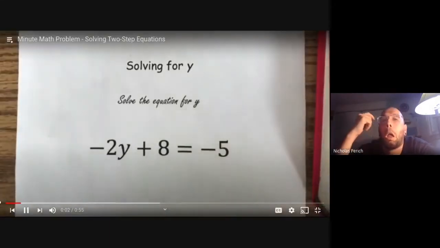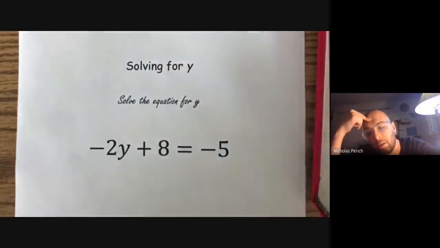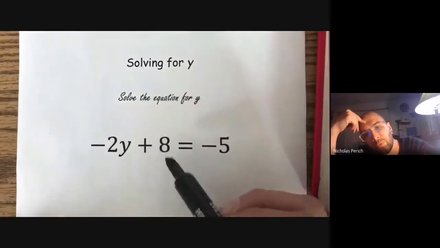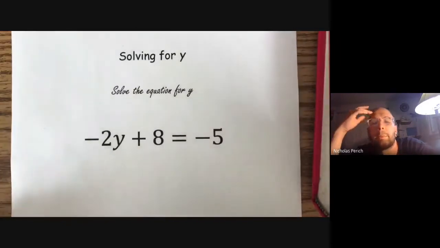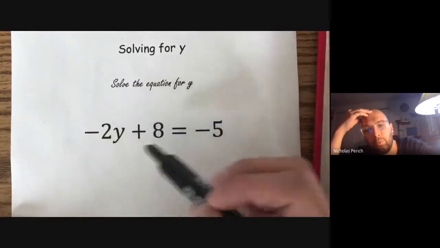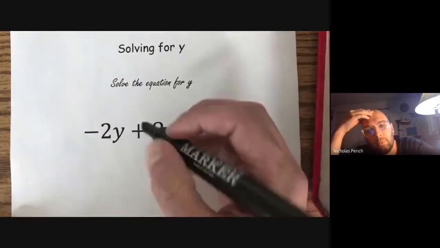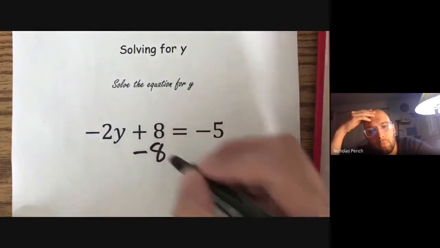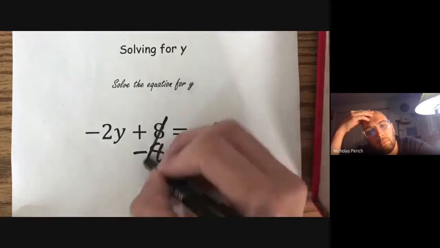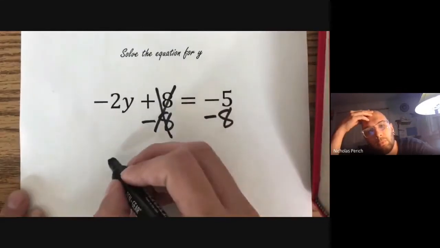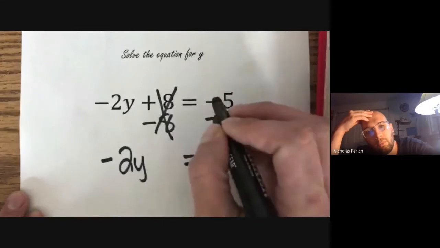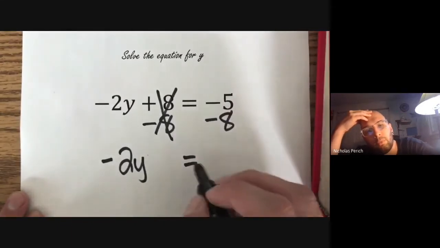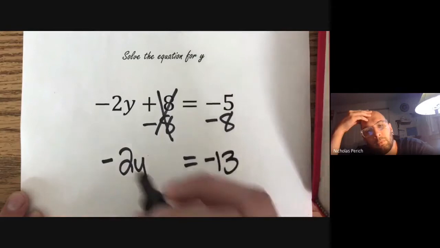All right, solve for y. We have to get y all by itself. Negative 2 and positive 8 are in the way. In order to get rid of those two things, we have to do the opposite. Always get rid of the number floating around first, and that's positive 8. The way we do that is we subtract 8 from both sides, cross that out. That leaves us with negative 2y equals negative 5 minus 8, which is negative 13.